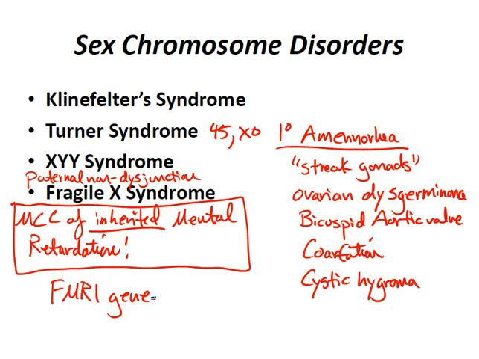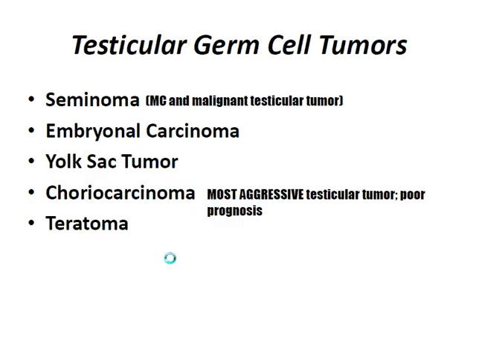So that is the sex chromosome disorders. So now we're going to talk about testicular germ cell tumors. All right. So general characteristics. Testicular cancer usually affects men under 35. 95% of malignant testicular cancer is of germ cell origin.